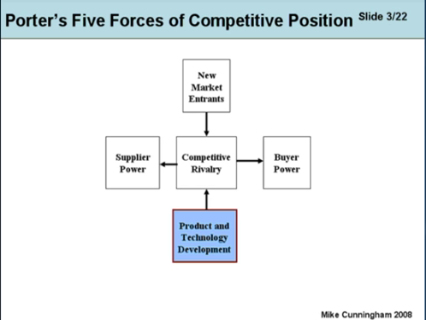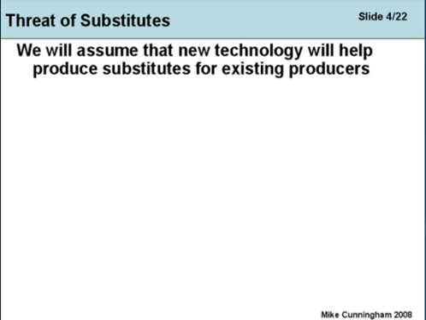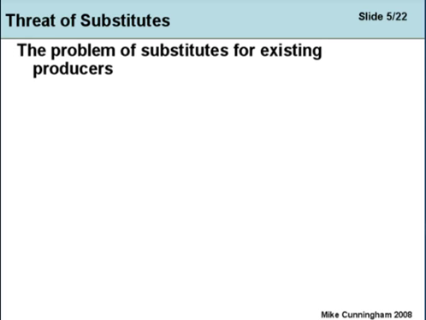So let's start from there, and let's have a look at the threat of substitutes. We'll assume that the new technology will help producers to produce the substitutes, and that these will be a problem for the existing producers. The problem for the existing producers can be dealt with under various headings.